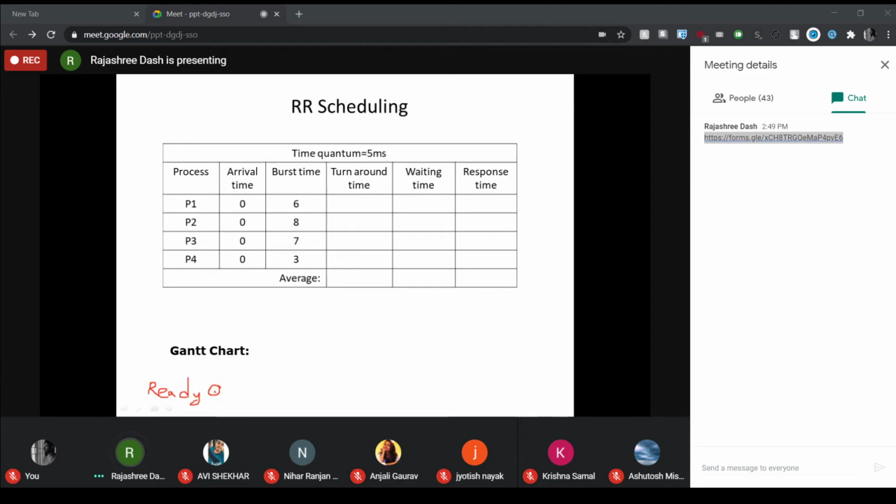So that means at time 0, initially all the 4 processes are there in the ready queue: P1, P2, P3 and P4.